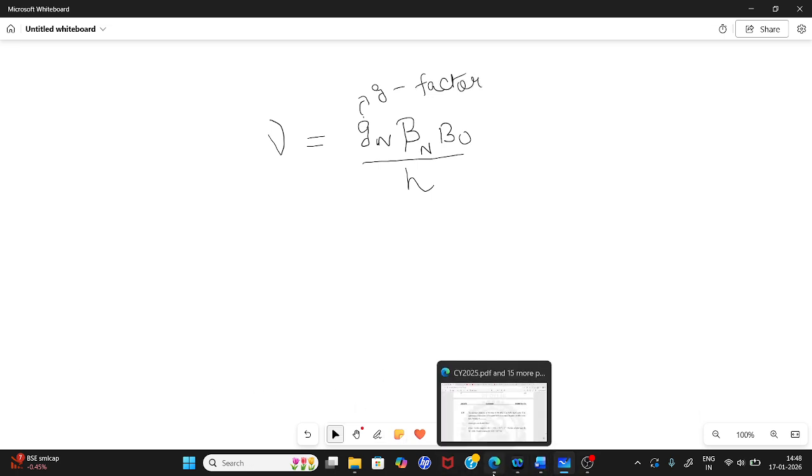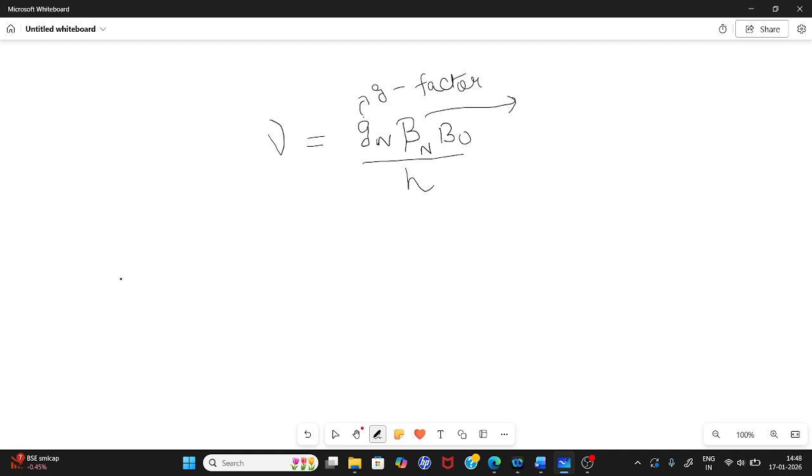Then you also have the beta n provided in Bohr magnetons. This is your Bohr magneton value, and this is your magnetic field. So you can note this formula down, it's very important.